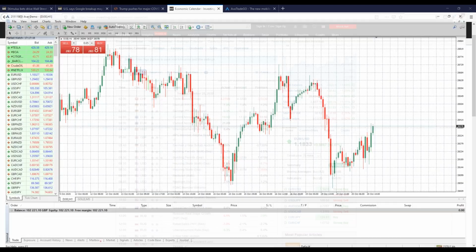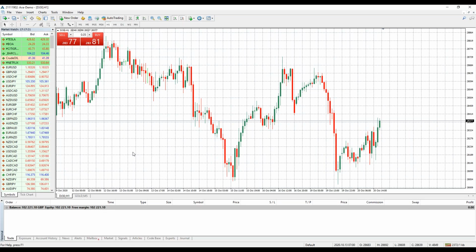So let me pull up my demo here. We've got the live movements going. Here's the Dow Jones. We see on the 1 hour candles, upward movement, right? Obviously, there's the upward movement.